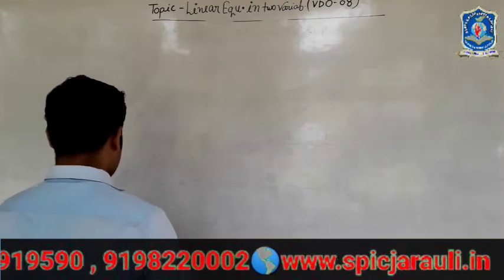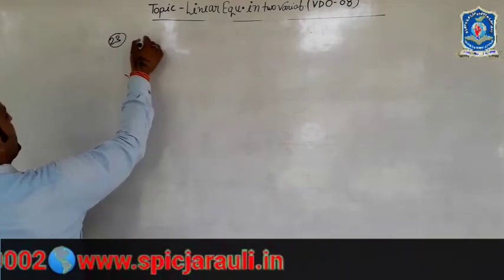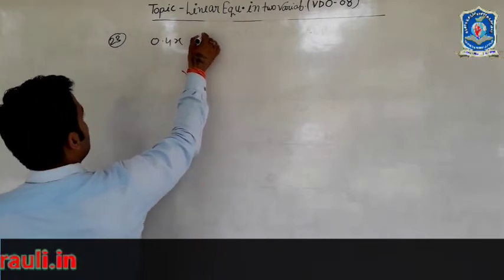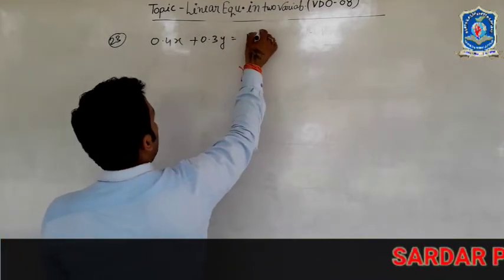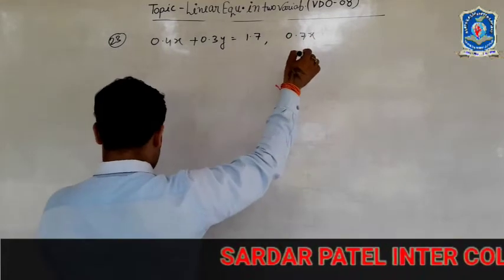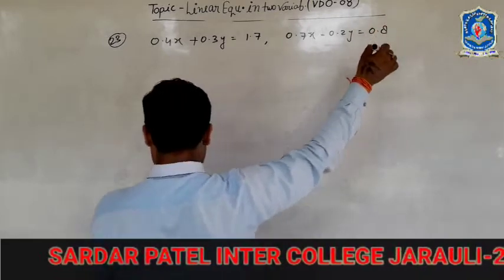Question number 23 is 0.4x + 0.3y = 1.7 and 0.7x - 0.2y = 0.8.